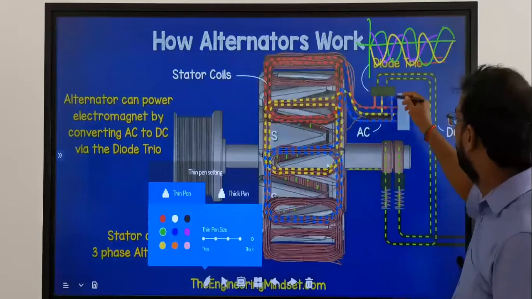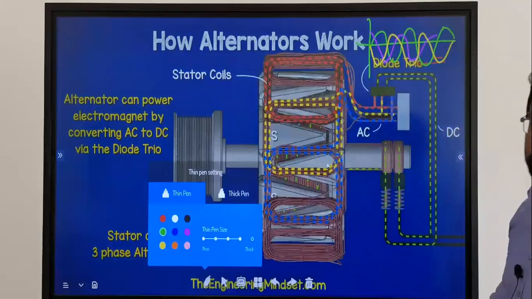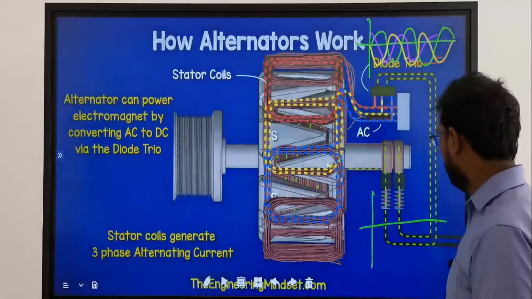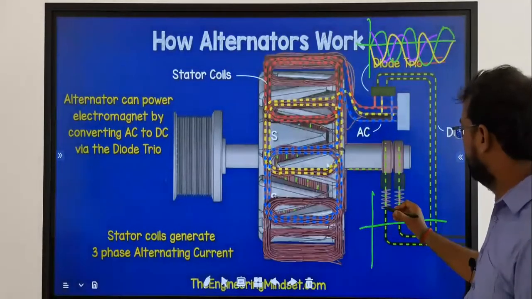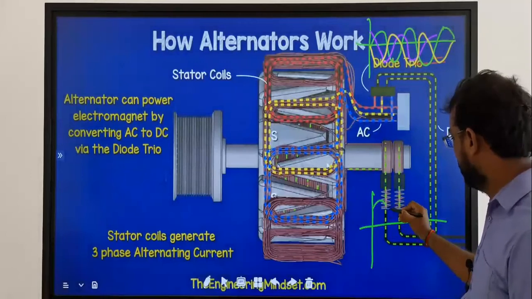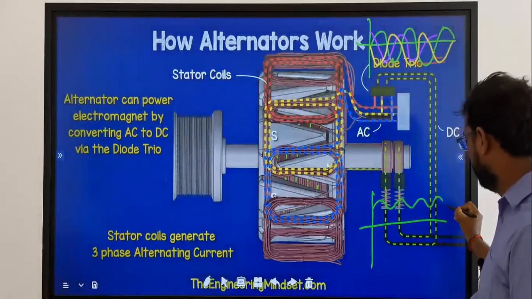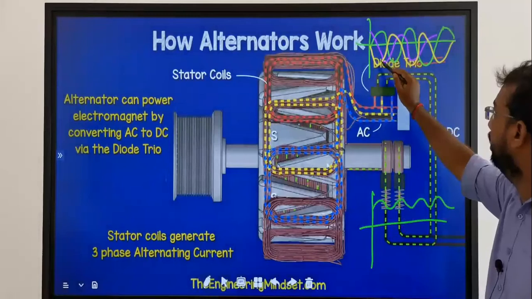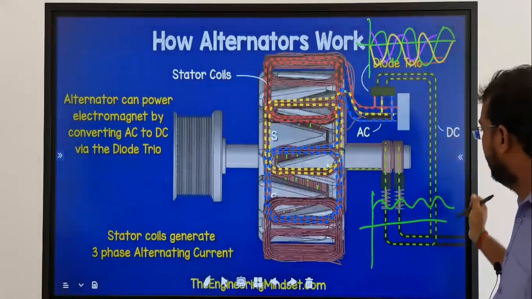After this, the diode is going to convert it to DC current. DC current means like this. The yellow and all the others come like this.